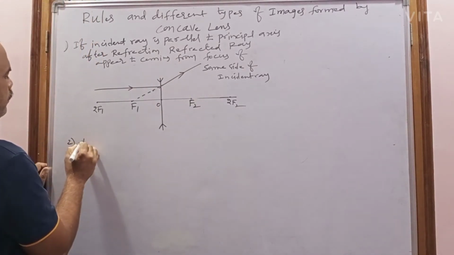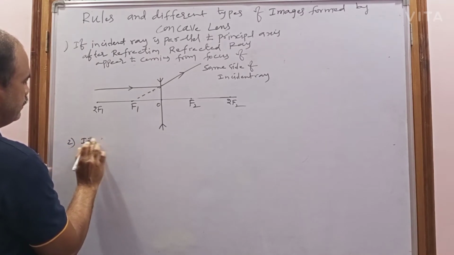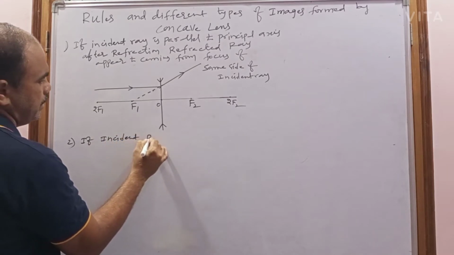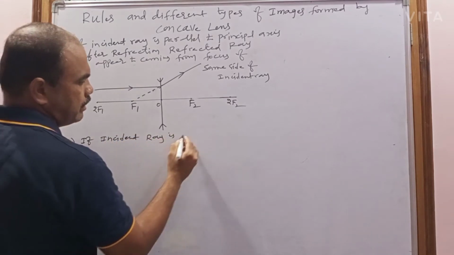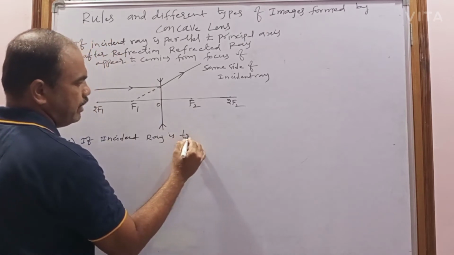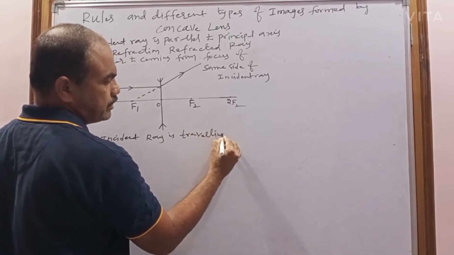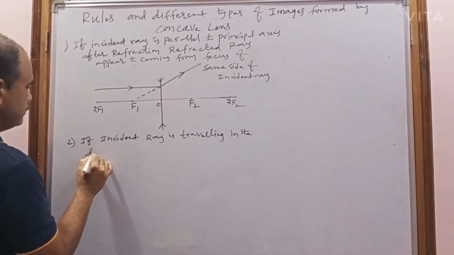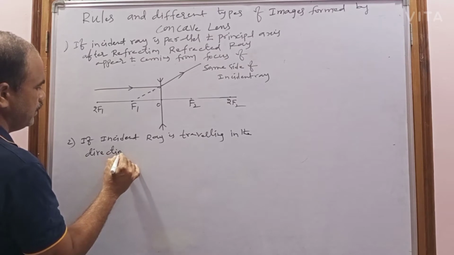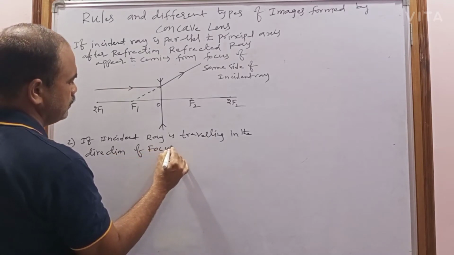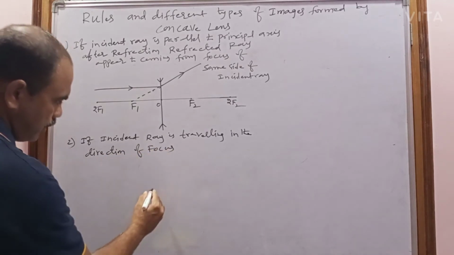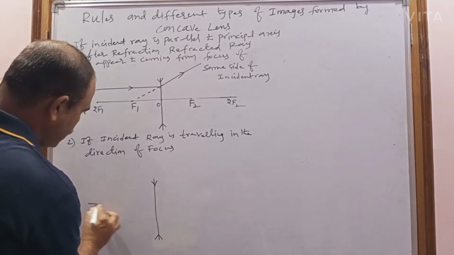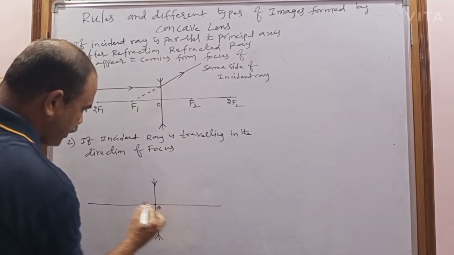The second rule is: if the incident ray is traveling in the direction of the focus, I am going to explain. Consider this is the concave lens, this is the principal axis and optic center.